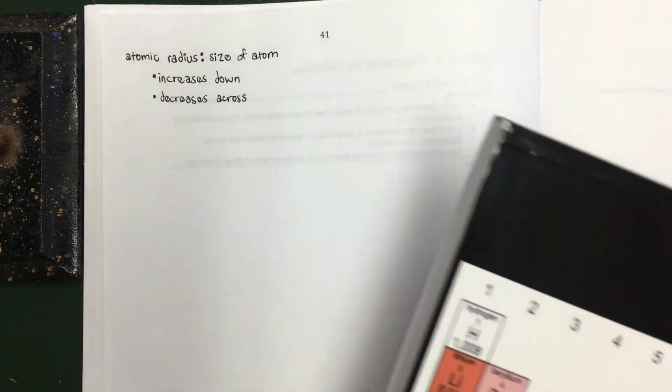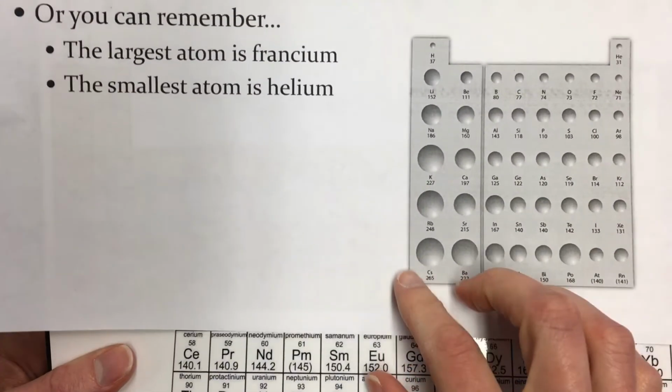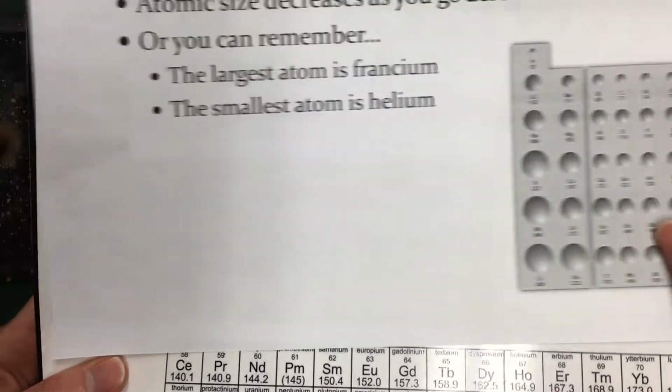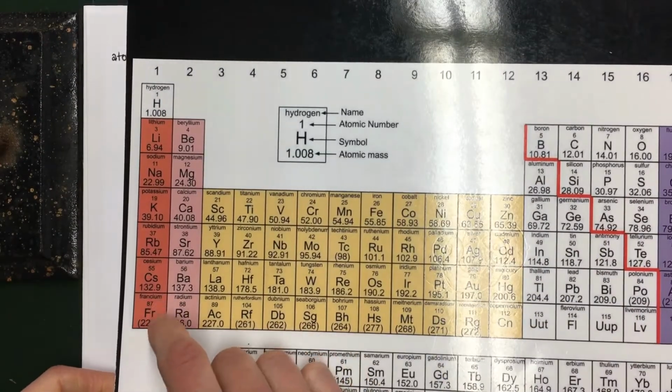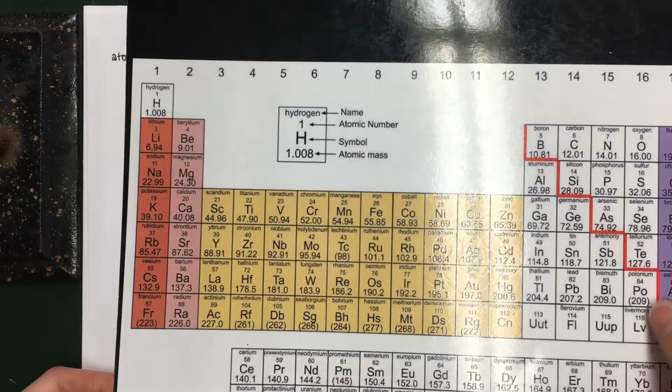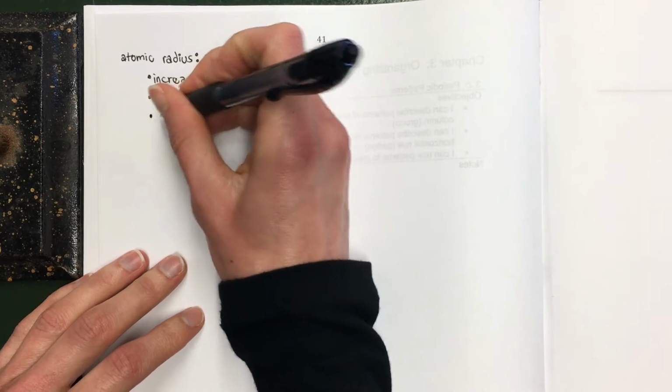Okay, now an easy way to remember this is to remember which atom on the whole periodic table would be the biggest and which one would be the smallest. So looking at this chart again, you can see the biggest atoms are going to be the ones furthest down and to the left. So that element would be francium. So francium is going to be the largest atomic radius.